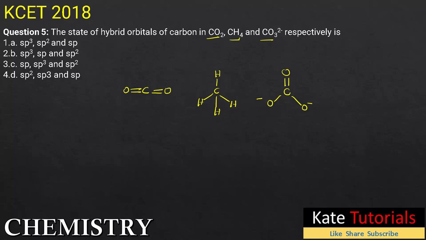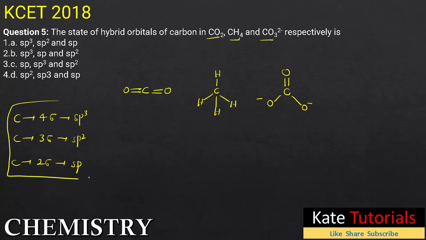And one formula. If carbon is having 4 sigma bonds, then its hybridization is sp3. If carbon is having 3 sigma bonds, its hybridization will be sp2. If carbon is having 2 sigma bonds, its hybridization is sp. So these things you have to remember. But this is only for carbon.